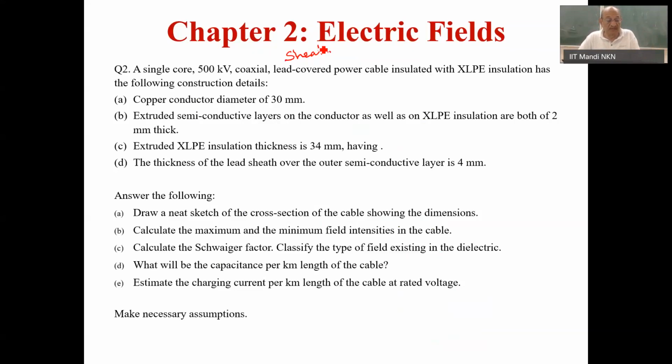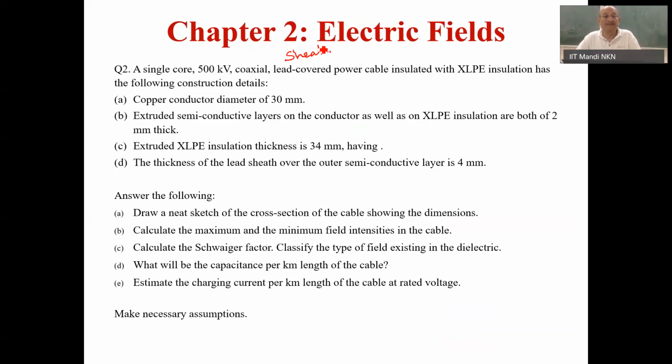Extruded semiconductive layers on the conductor. We have discussed that to achieve a smooth surface over the stranded wire conductor, the main conductor is made of a number of thin wires, because if you take a solid conductor, the flexibility will not be there.